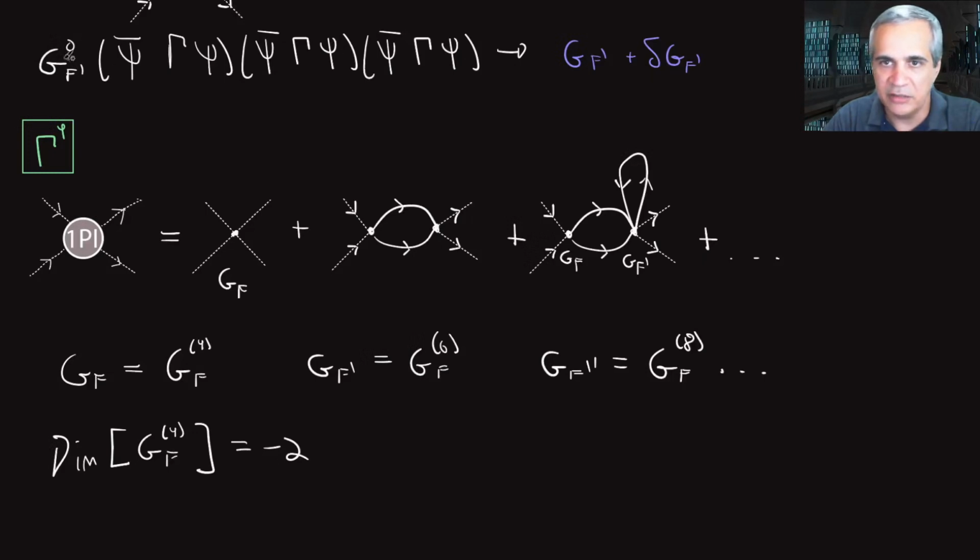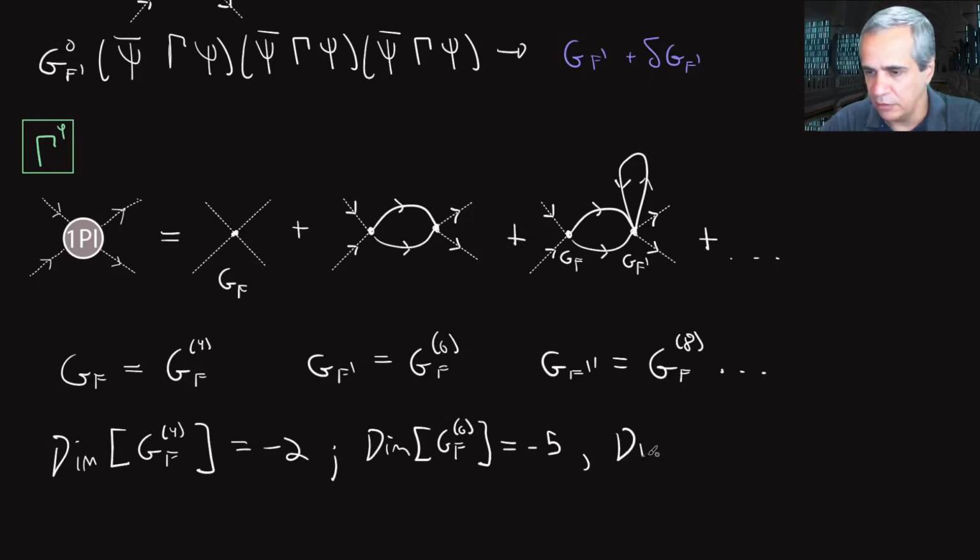So this guy needs to have dimension -2 to get a total dimension of 4. And then every next step decreases this by 3. So GF6 has dimension -5. GF8 has dimension -8, right? And so on.